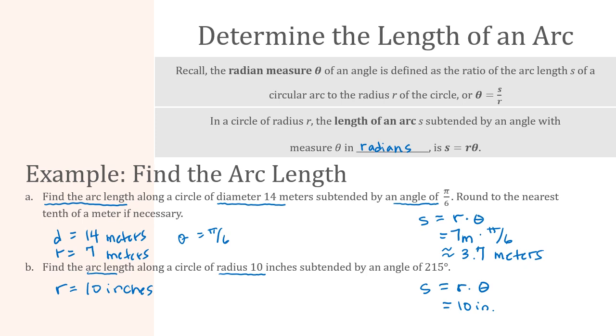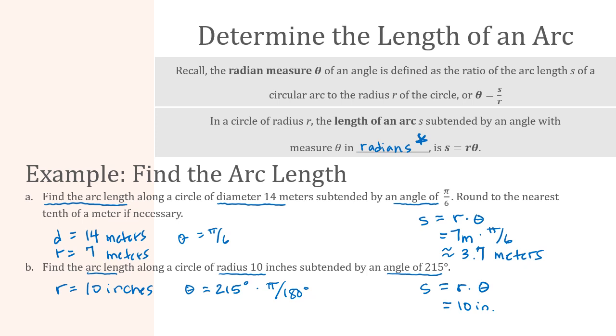And what is my theta? The angle is 215 degrees. Now this is where you have to be careful, because in the definition, theta is measured in radians. So this is where I have to do a conversion. If theta is 215 degrees, I'm going to multiply that by pi over 180 degrees and simplify to get the conversion from degrees to radians.